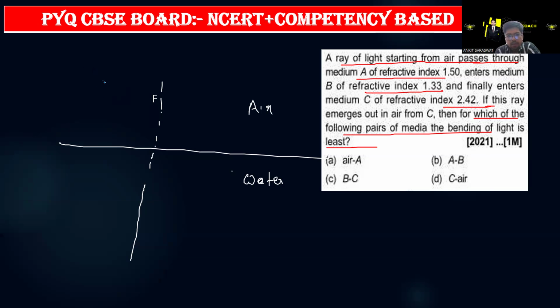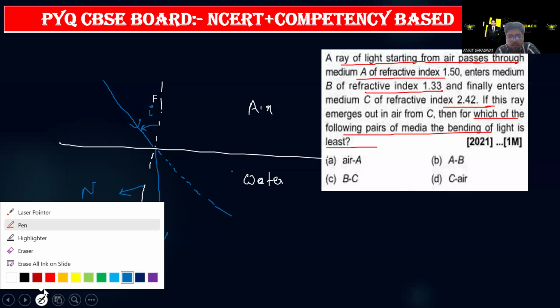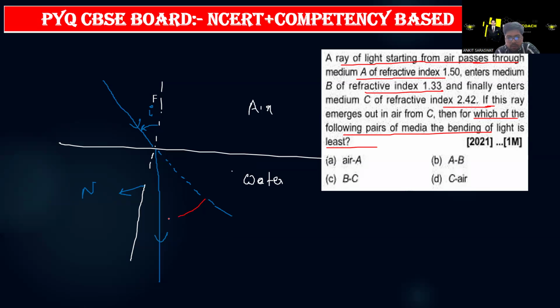This is the angle of incidence. This is the normal. So rather than going straight, it will bend. This is known as bending.